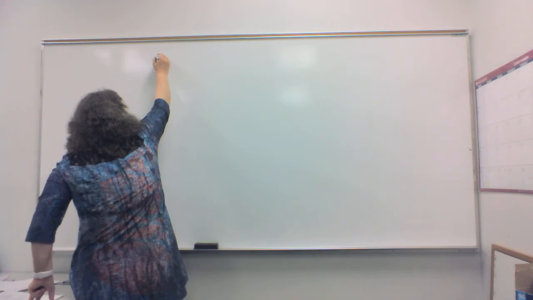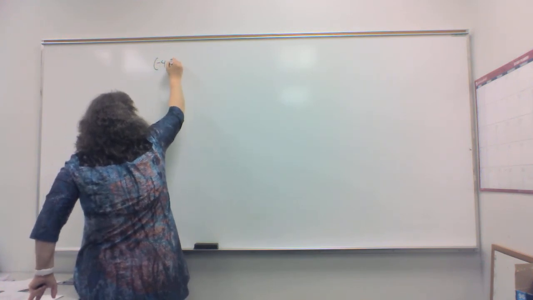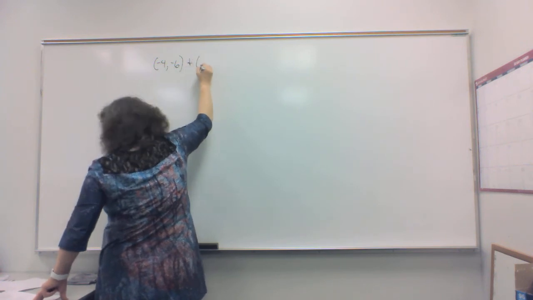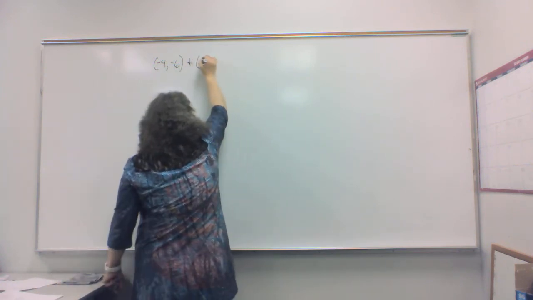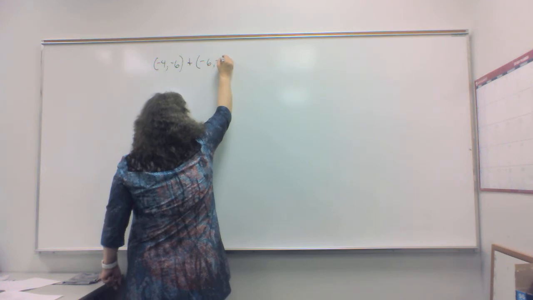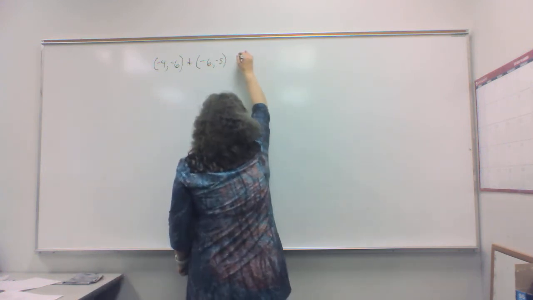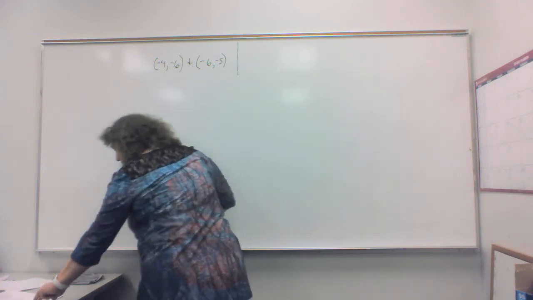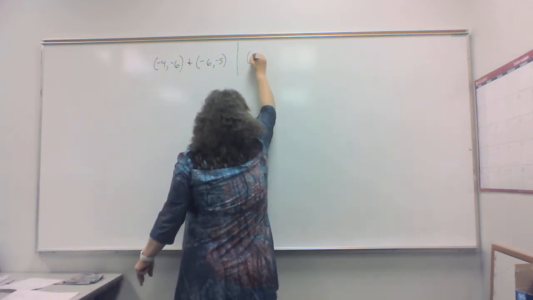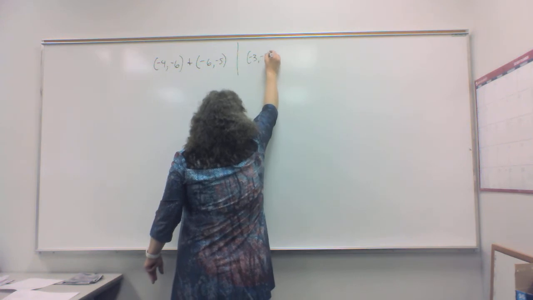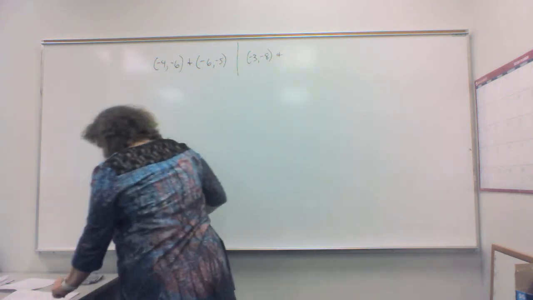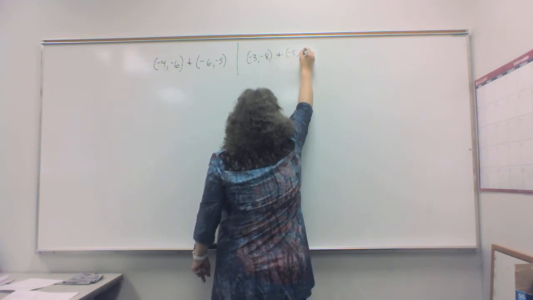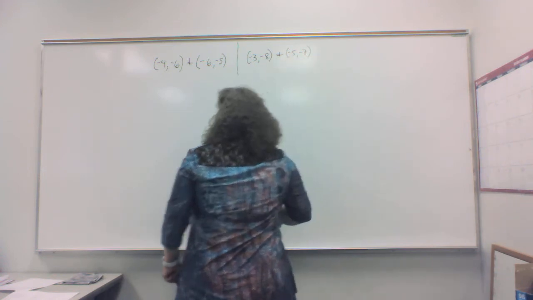Say I have a set of ordered pairs, (-4, -6) and (-6, -5). There is one set of ordered pairs, and now let's look at the other set of ordered pairs: (-3, -8) and (-5, -7).